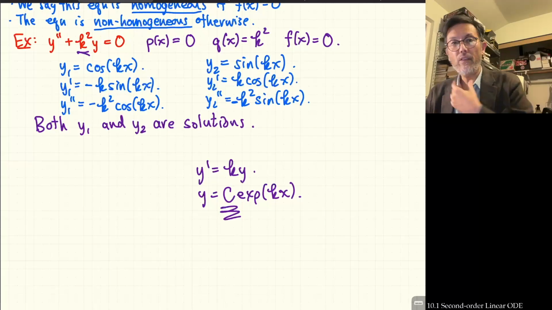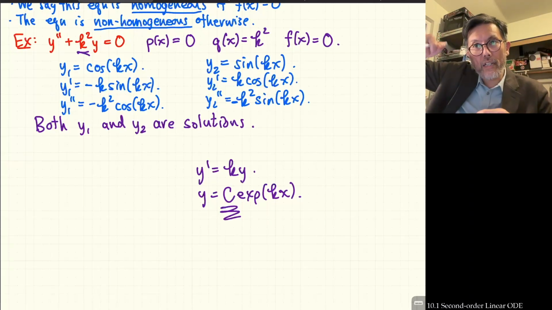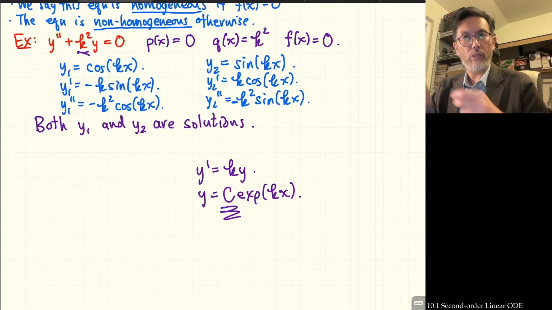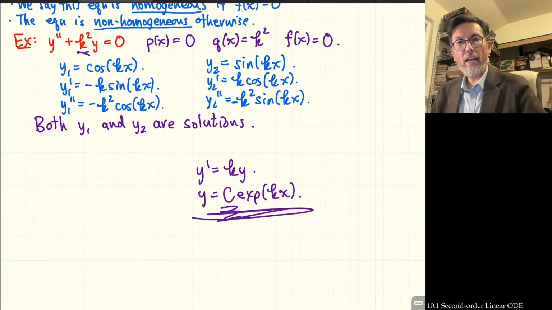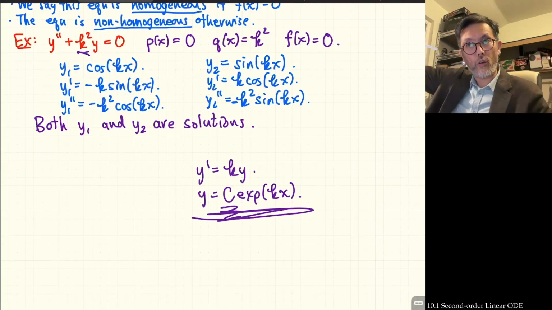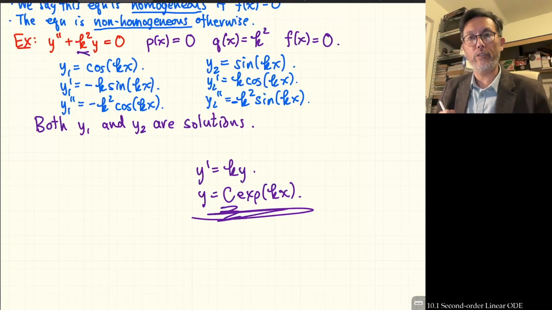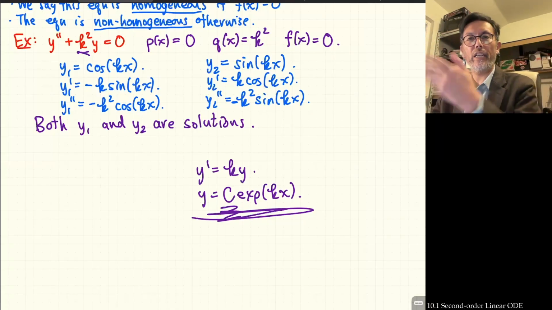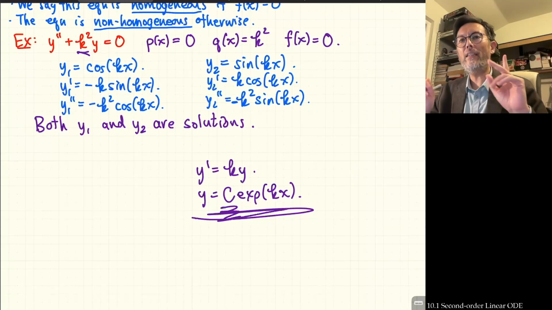And here, the c is the one knob that we are allowed to turn and tune in order to get a particular solution. This is the general solution here.